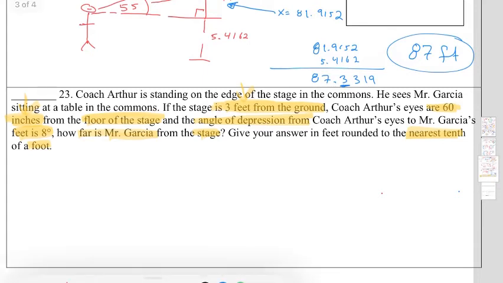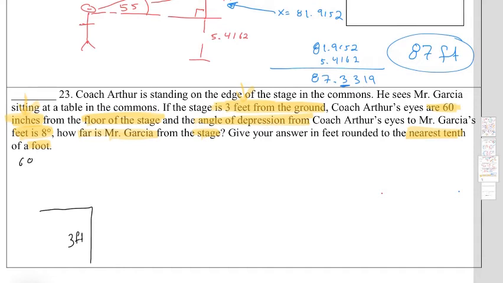So we're going to go ahead and draw our diagram for this. Here's kind of what it's going to look like. Here's my stage that I know is 3 feet. And 60 inches is his line of sight, kind of like the tip of our triangle, if you would say.